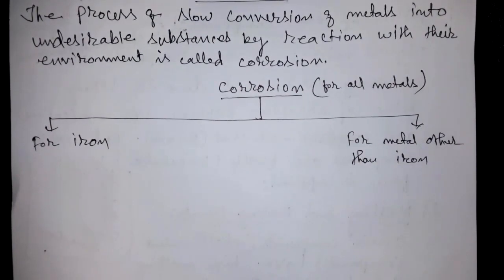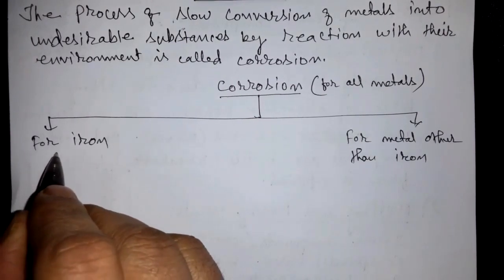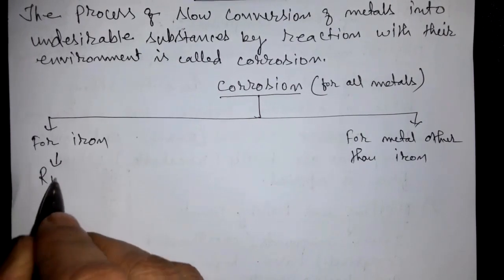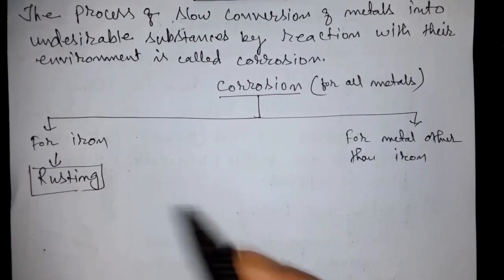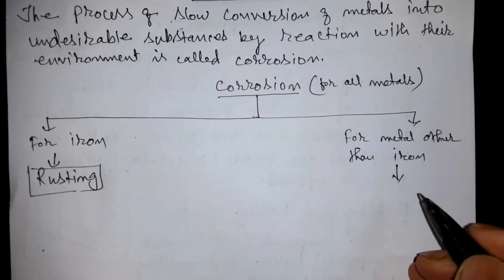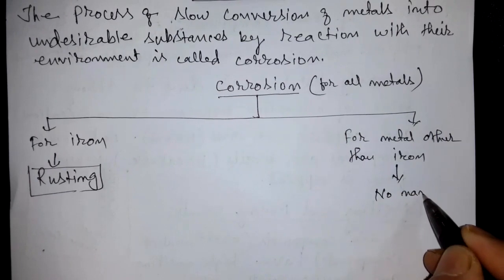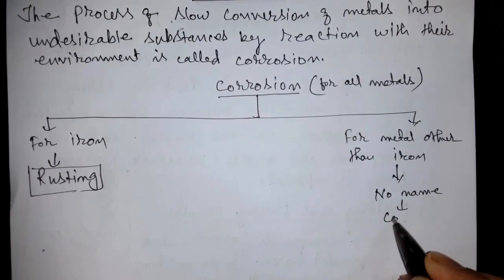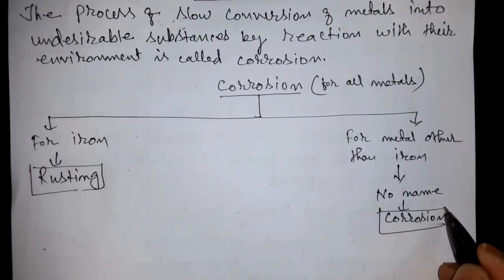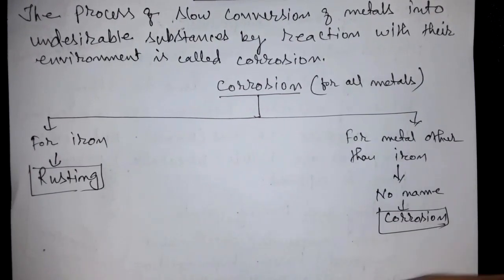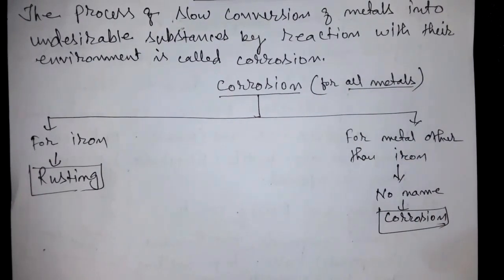If the corrosion is for iron, that corrosion is called rusting. And if the corrosion is for metal other than iron, then no name is given. No name means you have to say simply corrosion. Corrosion we can use even for iron also, because the term can be used for all the metals.